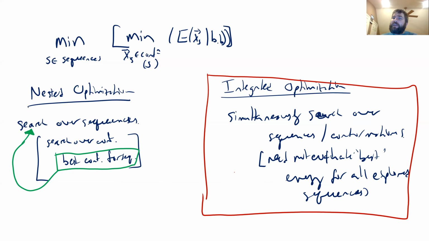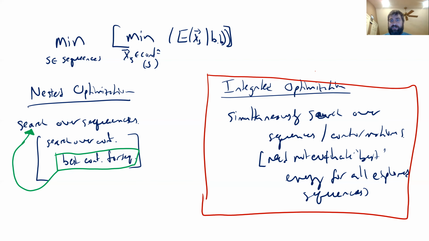I'll try to highlight with each algorithm which of these two classes it fits into, or how much of the spectrum of methods from fully nested to fully integrated the methods may sit into. All right.